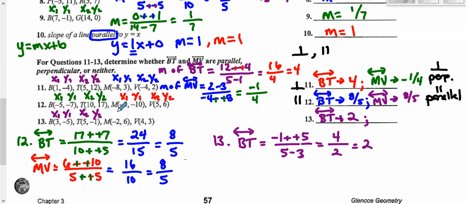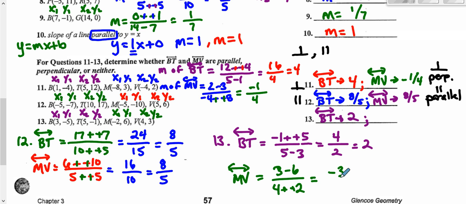So now we have the second line, x1, y1, and x2, y2. So the slope of MV is going to be 3 minus 6. And then we have 4 minus -2. Change that to a plus there on the bottom.